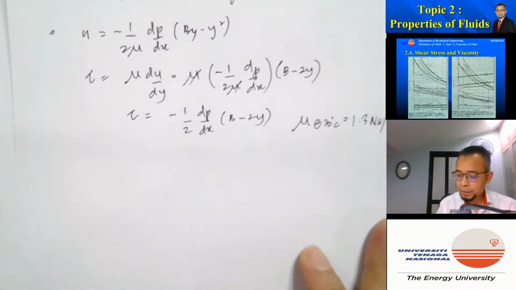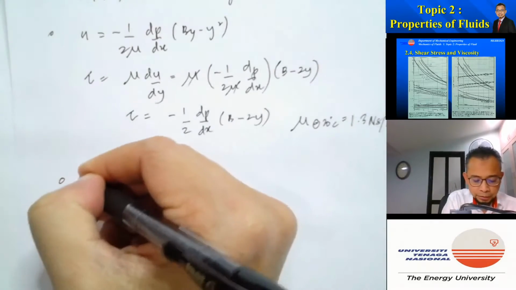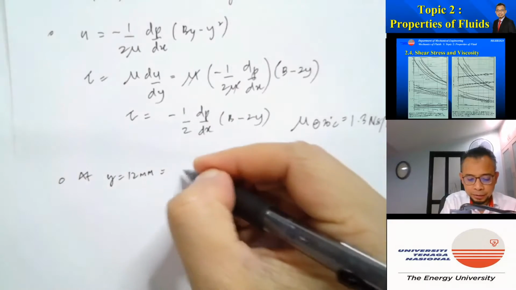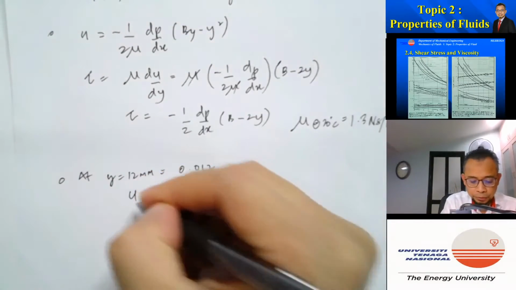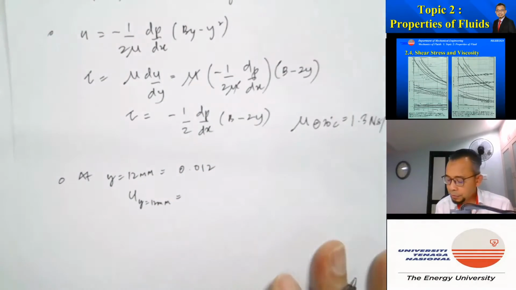So now we have obtained the expression for u as well as the shear stress. What we need to do now is just put in the numbers. At y equal to 12 mm, which is equal to 0.012 meter, just substitute the value.